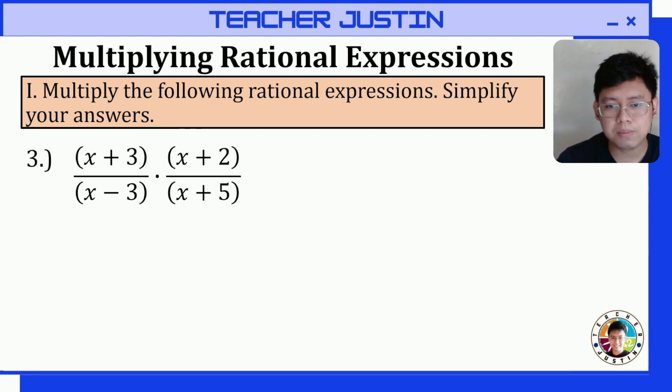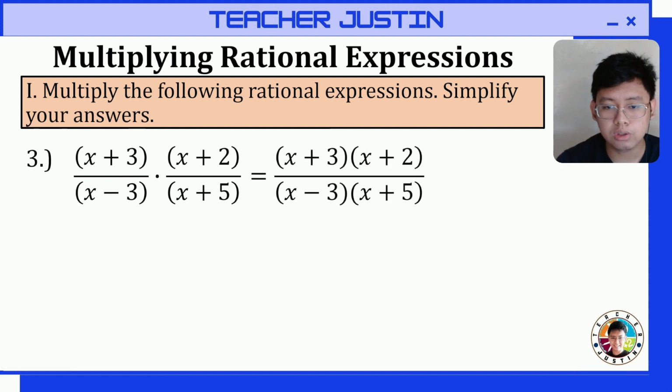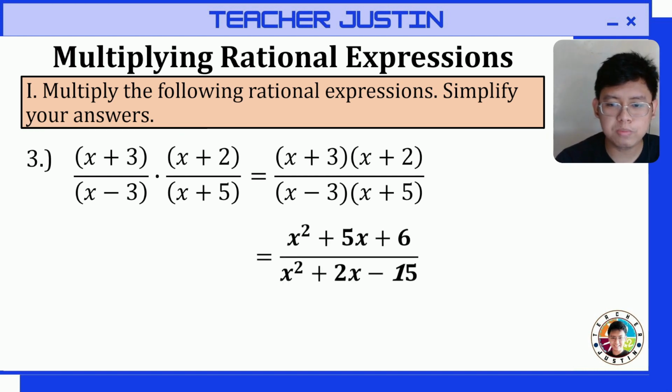Okay? So, ang next step natin is to multiply the numerator and the denominator. So, multiply natin si x plus 3 and x plus 2, x minus 3 and x plus 5 sa ating denominator. Then, gamitin natin yung FOIL method natin to get their product. Ang product ng numerator natin is x squared plus 5x plus 6.